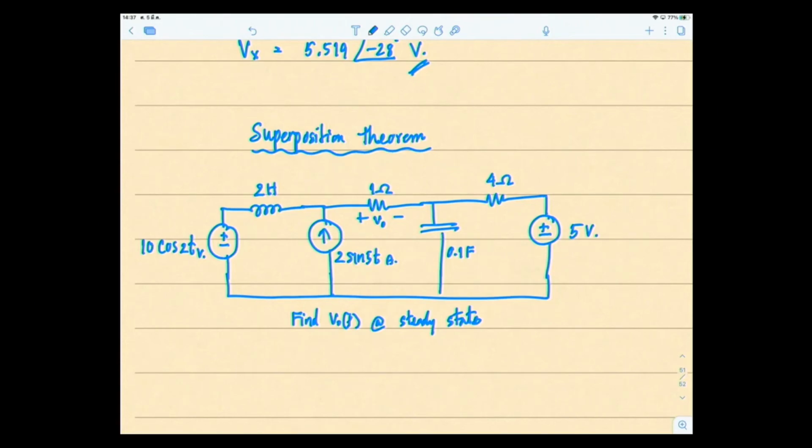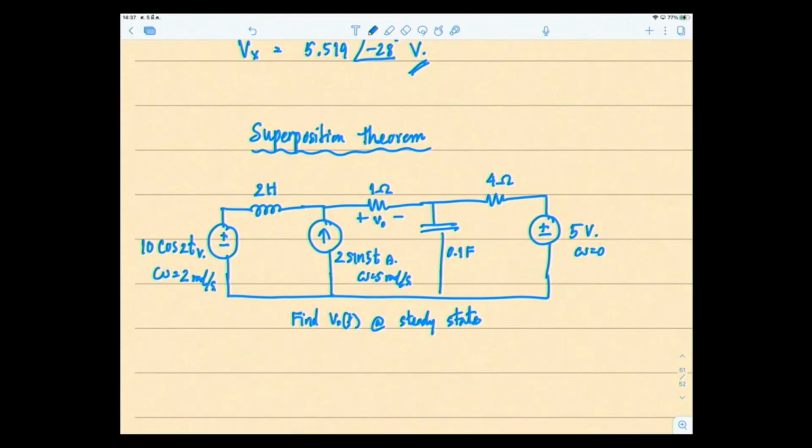You realize that the voltage source has omega equal to 2 radians per second. The current source has omega equal to 5 radians per second. The DC value doesn't even have omega.